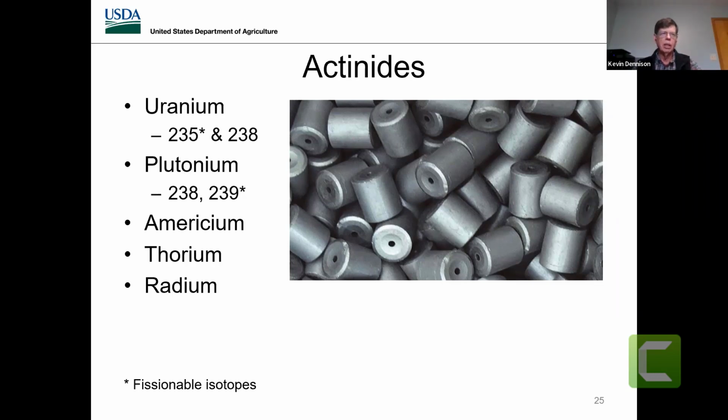But these are all very useful in nuclear technology, and they're mostly decayed by alpha radiation, and a lot of them are also chemically toxic. So uranium, even if it's not depleted uranium, if you eat enough of it, it can cause some problems.